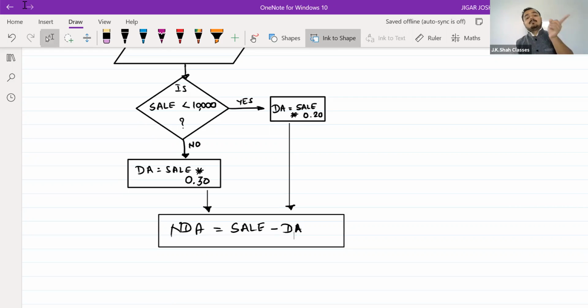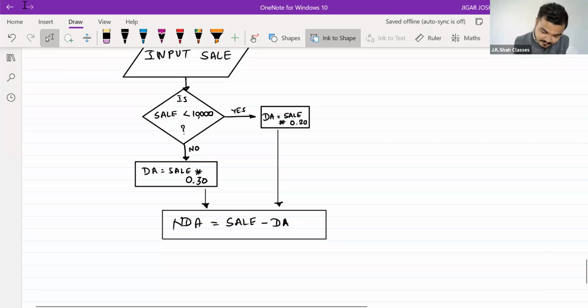Agree. Now they said print. When the word print is used, it means what?